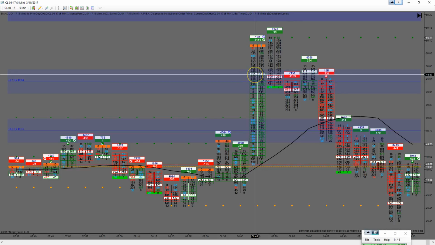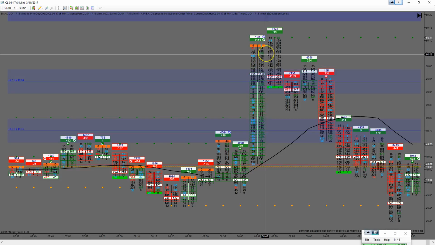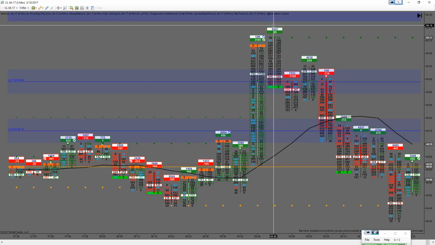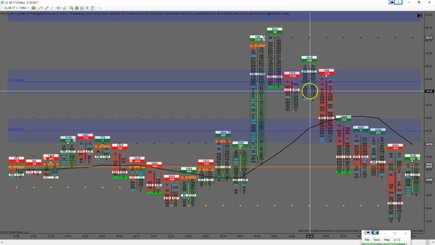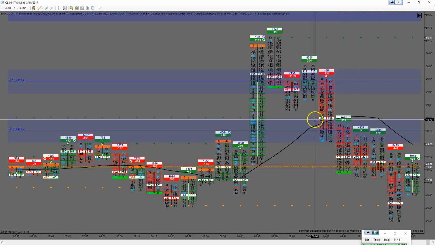So 1, 2, 3, 4, 5, 6, 7, 8, 9, and we'll just say we use 9 as the complete threshold. So entry could have been short 50.05, stopped at 50.15 for your 10 tick stop, and this trade would have worked out, obviously. Watching how it goes into that one there. So let me pull my chart back up.